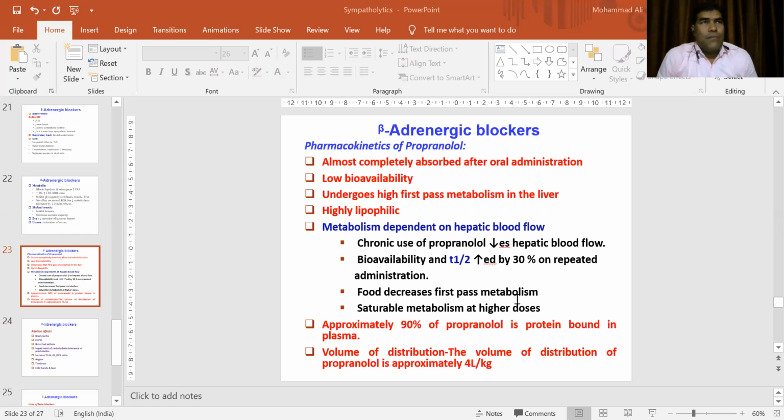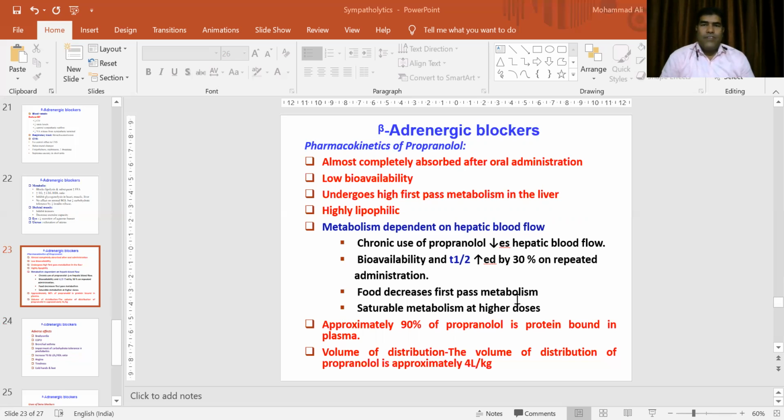Now coming to the pharmacokinetics of propranolol. Propranolol is almost completely absorbed after oral administration, so this drug has a good effect in oral administration. It has low bioavailability.